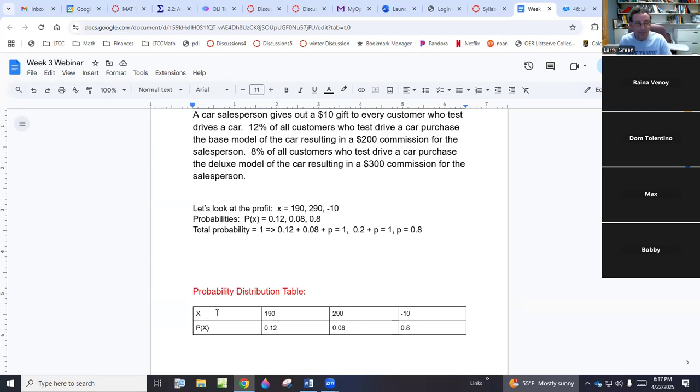The first row I'm labeling as X. The second row I'm labeling as P of X, so probability of X. And then I put down the values of X, 190, 290, and -10. And I put their respective probabilities, 0.12, 0.08, and 0.8. Any questions on that? Easy enough? Have I lost anybody on the bit of math that we did?